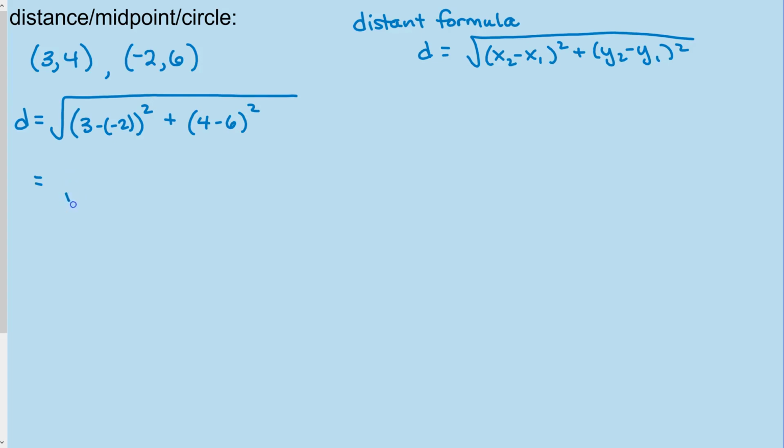And then we simplify. So we have the square root of 5 squared plus -2 squared, and that would be the square root of 25 plus 4, and that would be the square root of 29, and we would just leave it like that. We would leave our answer exact. If it was possible to simplify that radical, we would.